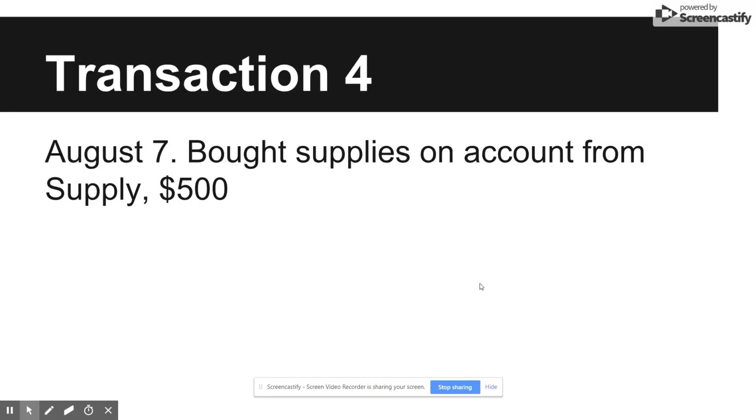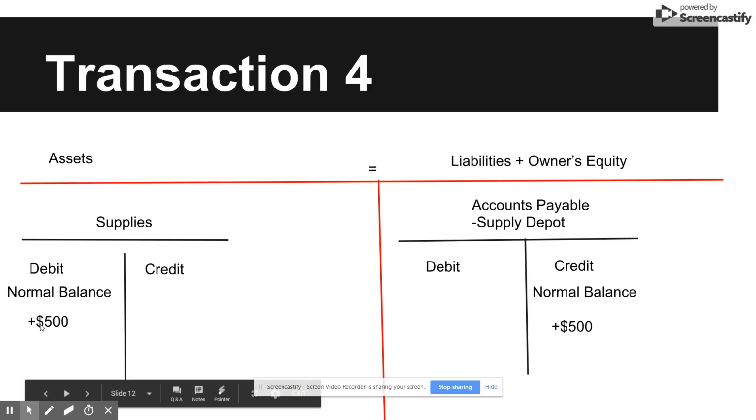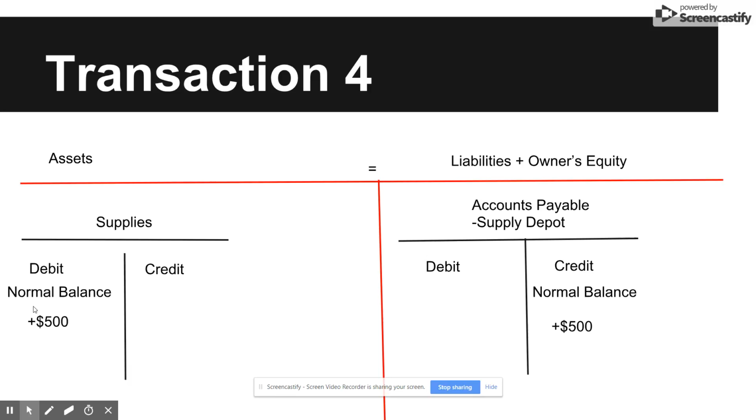Transaction 4, bought supplies on account from Supply Depot, $500, okay? So in this case, we'll be using our supplies account because our supplies balance will be increasing. And then we will also be using our accounts payable Supply Depot account because the balance of our accounts payable Supply Depot is also increasing. We're going to have to pay them money later. So over here, supplies, which is an asset, we are going to put that on the debit side, which is the normal balance side, because our balance of supplies is increasing.